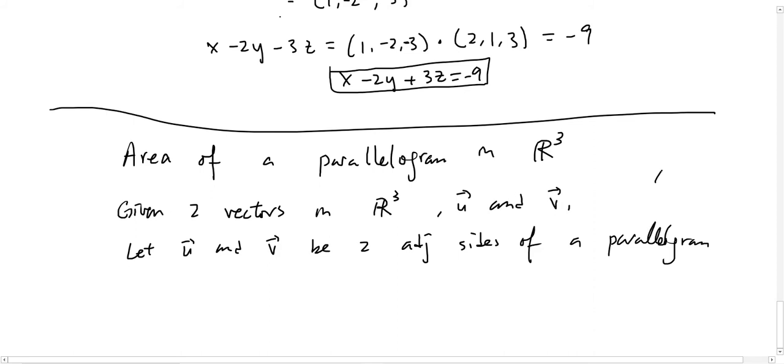Meaning the following: if I take vector u and vector v, I'm going to be able to form this parallelogram right here. Where u and v are the two sides, and then you can just translate v to the end of u and translate u to the end of v, and therefore you form a parallelogram.